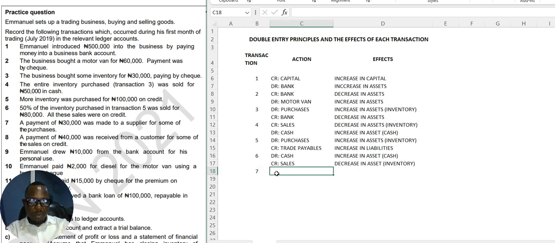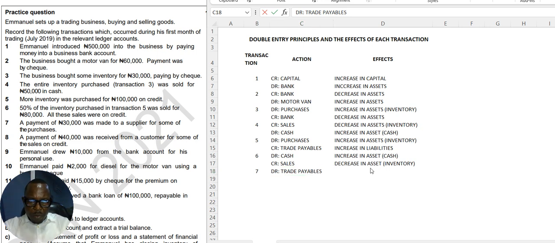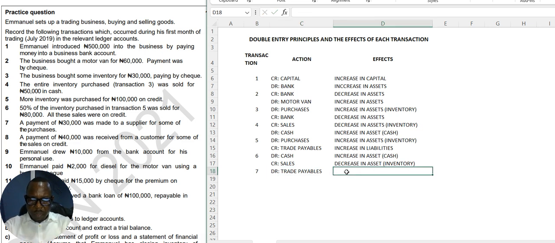So you debit trade payables, debit trade payables. So what will this be? Trade payables, a decrease in liabilities.